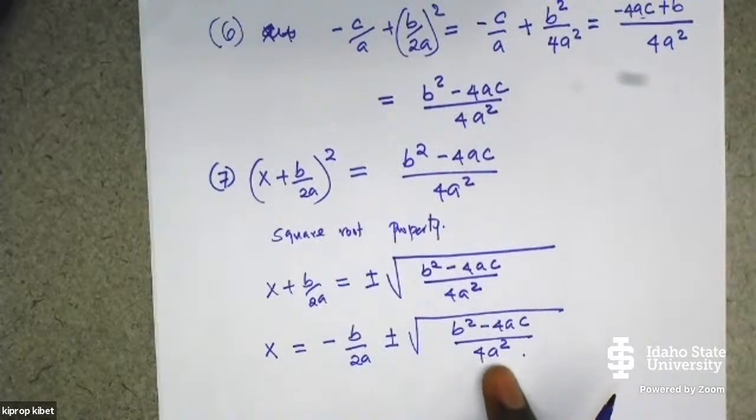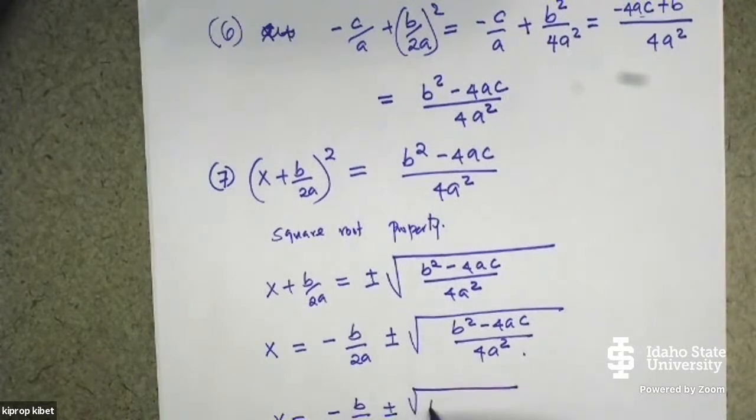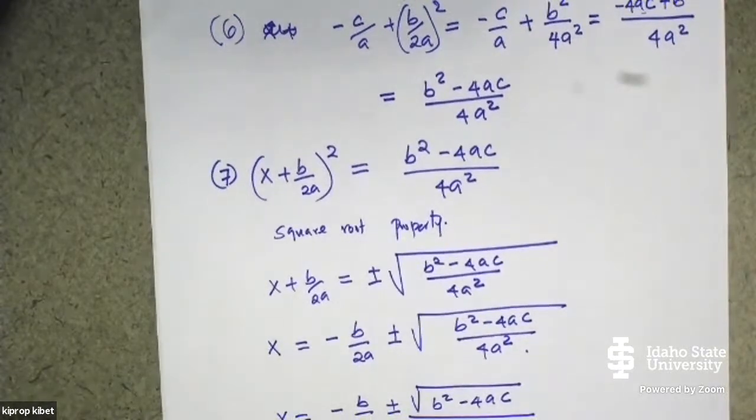What is the square root of 4a squared? 2a. So our x will now be equal to minus b all over 2a, plus or minus the square root of b squared minus 4ac all over 2a. What is our least common factor there? 2a, right?